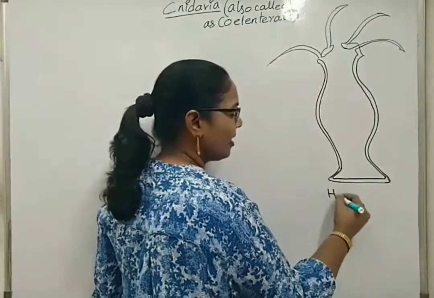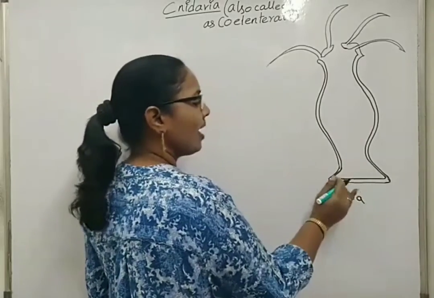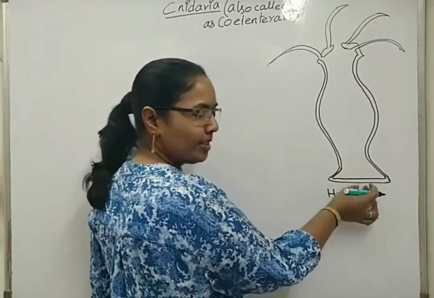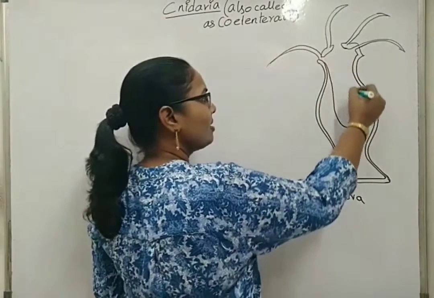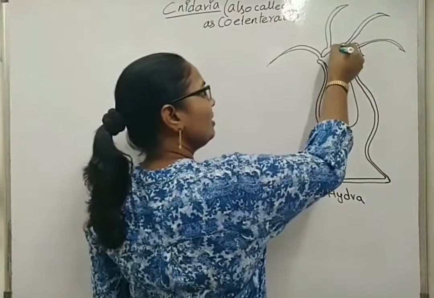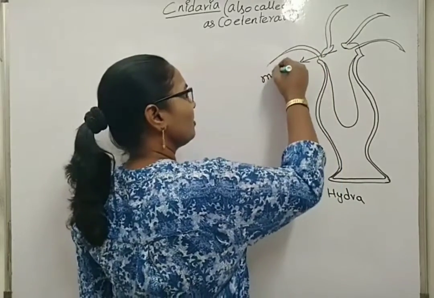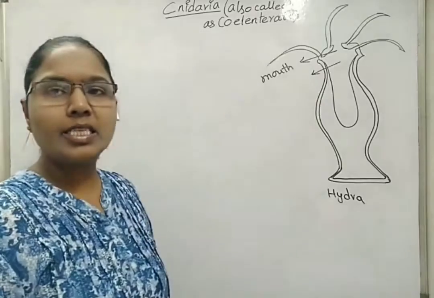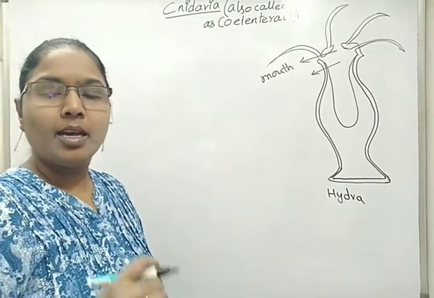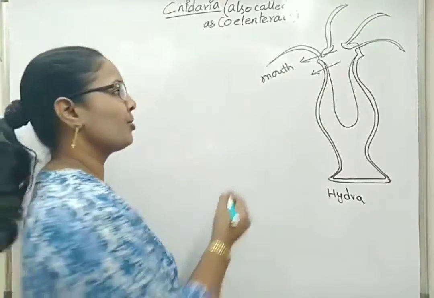When we take Hydra as an example, it holds its base to the substratum. This will be the complete body and here will be the coelenteron. This is labeled as mouth. Here will be the oral tip, which is called the hypostome. The mouth is located on the hypostome.